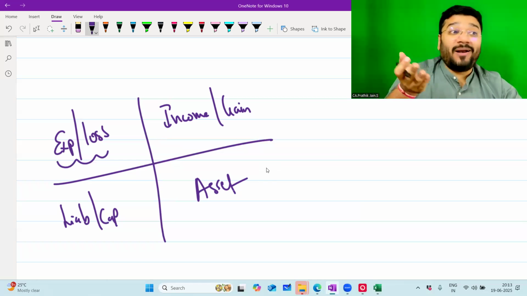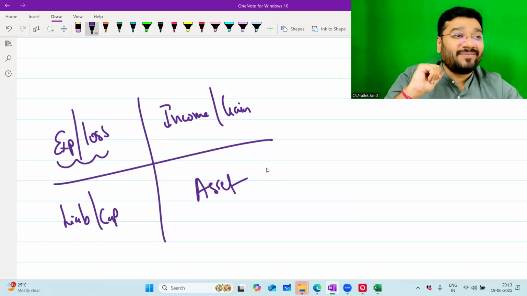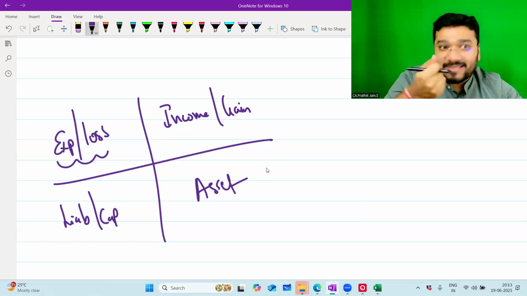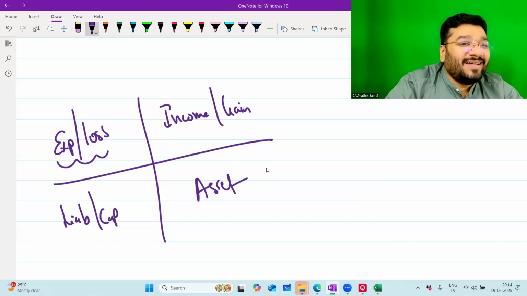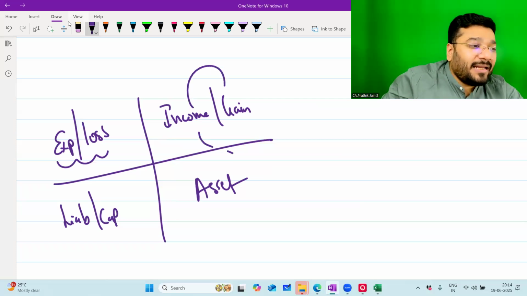Oh, you are thinking from the job point of view. We are doing accounting for the business, not for the employee. So for the business, salary paid is expense. Commission paid, expense. Rent paid, expense. Interest received. Interest is income, not gain. There is a difference between income and gain. I'll discuss it when the right time comes.